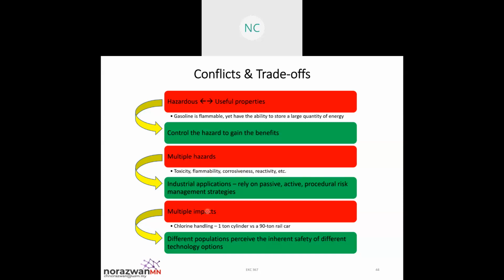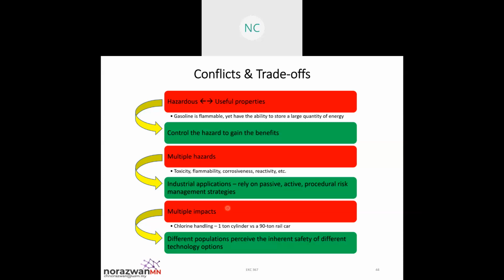Okay, the last conflict or trade-off is that some material has multiple impacts. If you are handling, for example, chlorine, you have a 1 ton cylinder of chlorine versus a 90-ton rail car of chlorine.